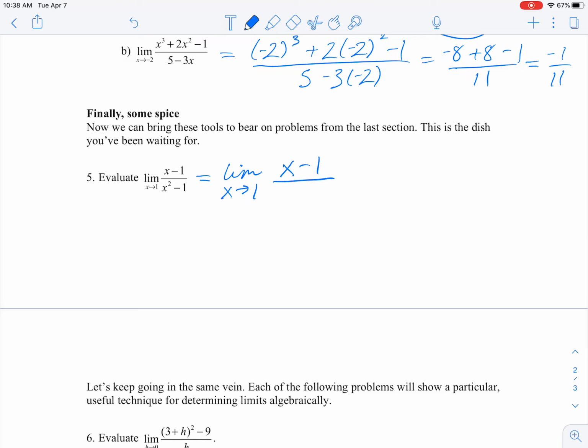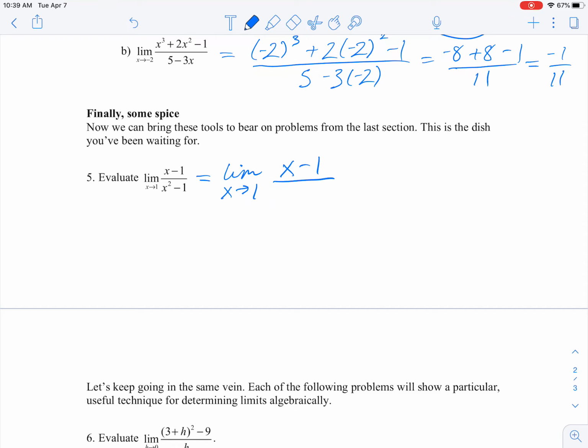And that is okay for the following reason. If we're looking at the limit as x approaches 1 of this expression, we would get 0 in the denominator when we plugged in 1, but we're evaluating behavior as we approach 1. So that means it is okay to cancel things that corresponded to actually being at 1.